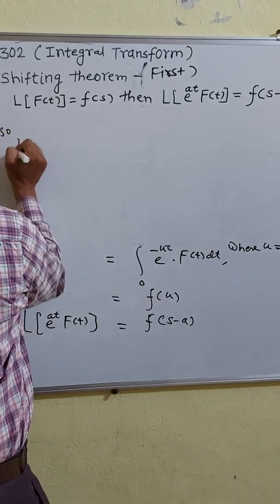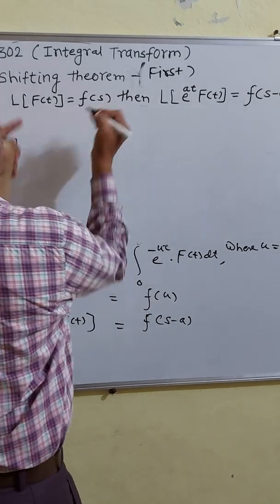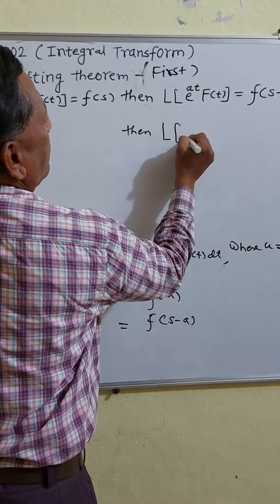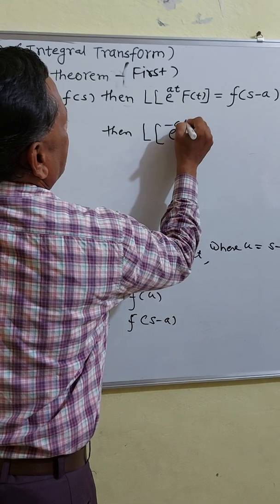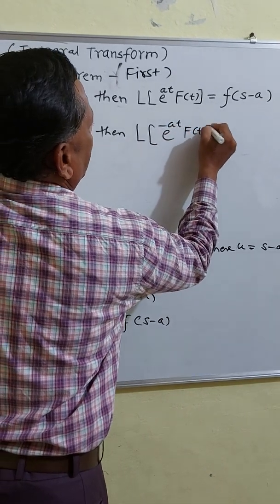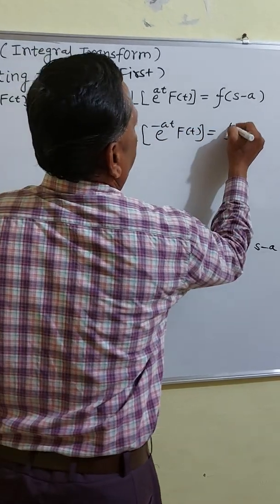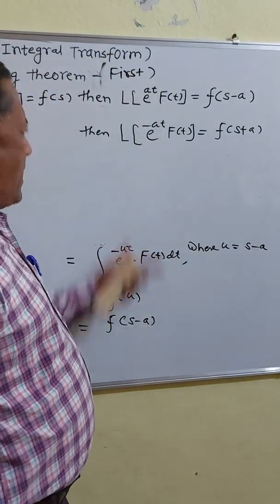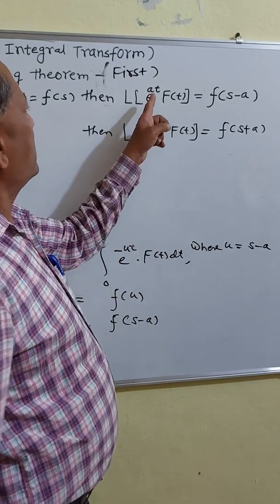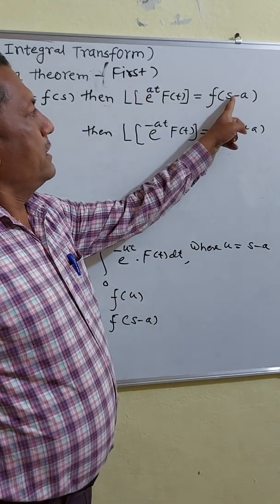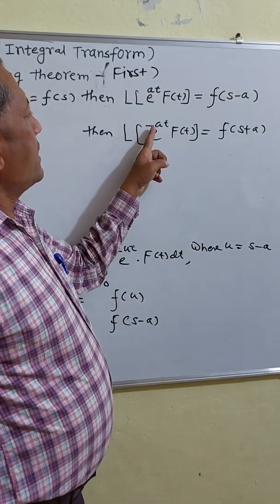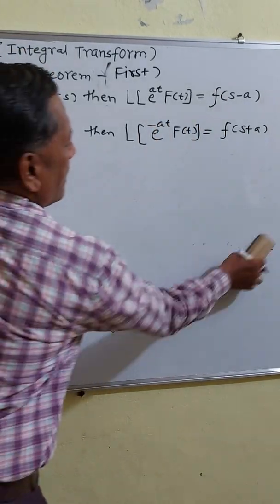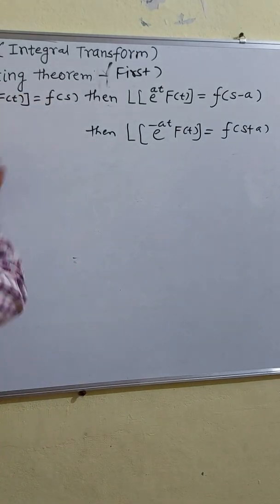Also, you remember, if L of f of t is equal to F of s, then Laplace transform of e raised to minus at into f of t is equal to F of s plus a. In the same manner you prove this. Only difference is here plus, here s minus a. Here minus, here plus. So you remember this first shifting theorem.